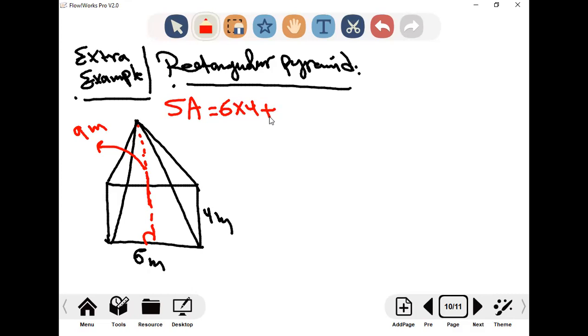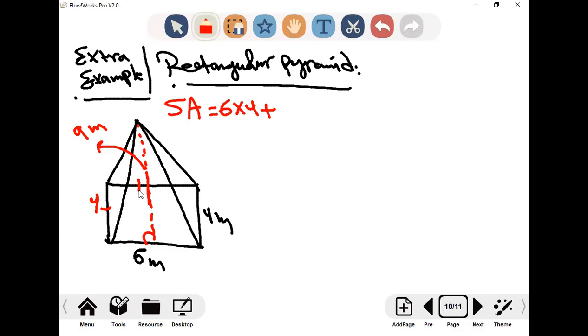Now here I have 2 pairs. This is how much? 4. If this is 6, this one in the back, how much? 6. So we have 6, 6, 4, 4. But the height is the same for all the 4 triangles, which is 9, right? So let's take the 6 and the 6. How many triangles with the same base? 2.